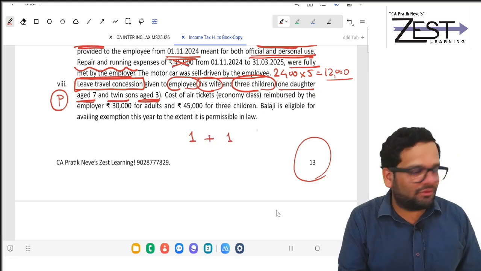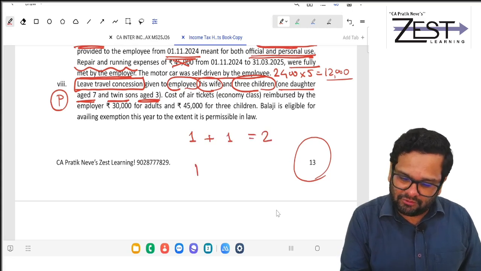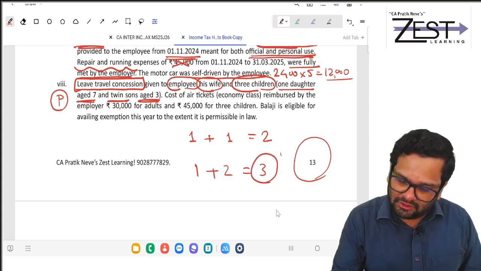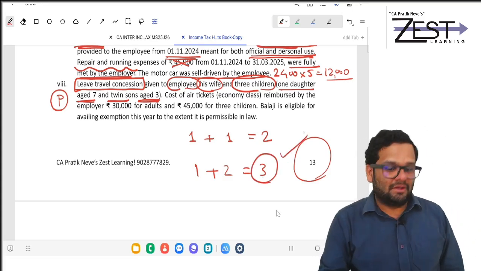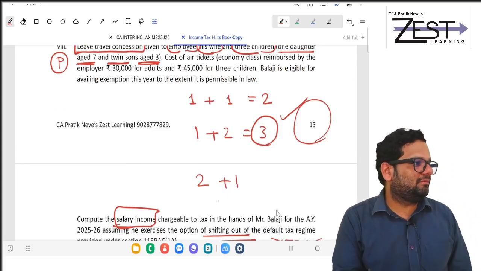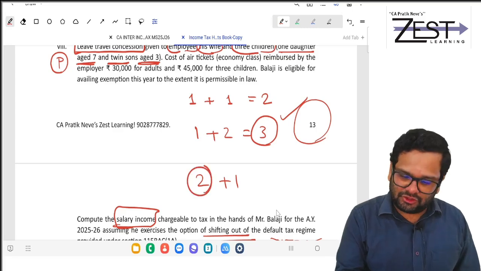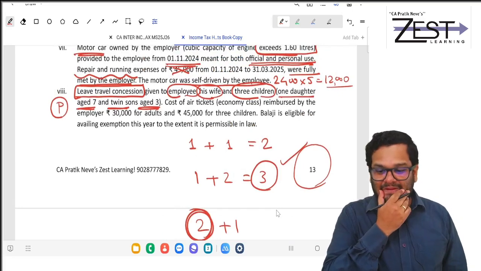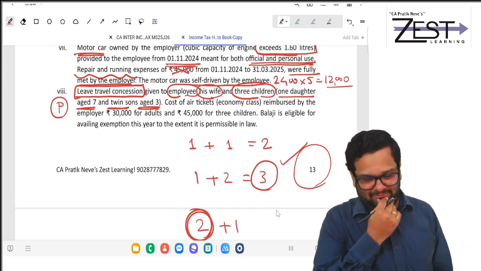He was planning only for 2. God gifted him 3. So government gifted an exemption for all 3. Got it? But if this happened like 2 plus 1, then it is his problem. Then for this, 2 only. Okay. Now see.